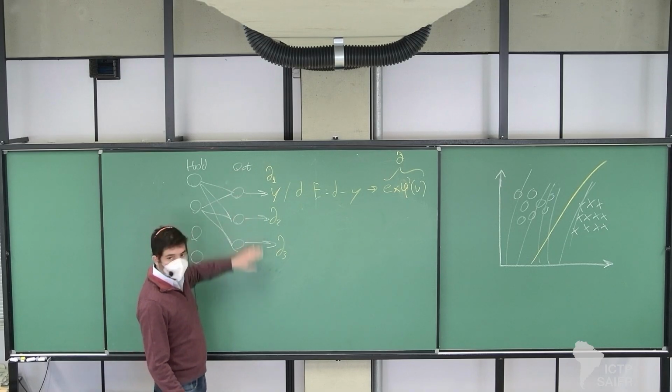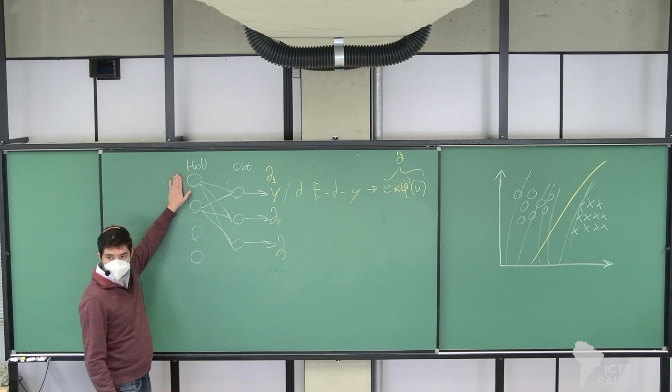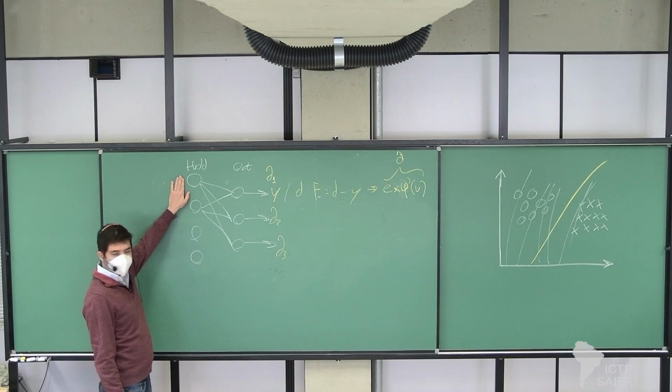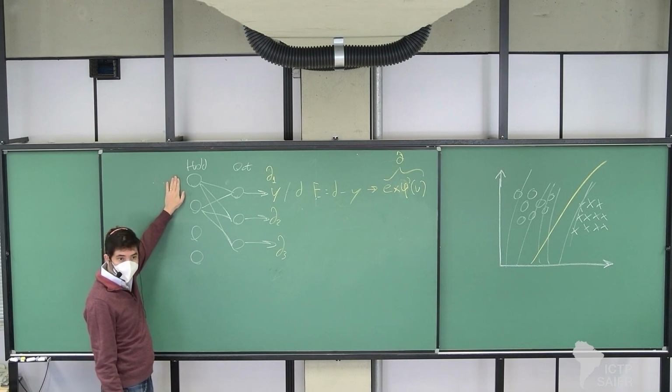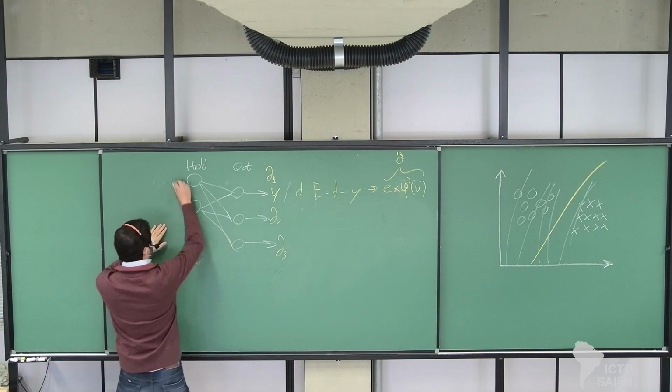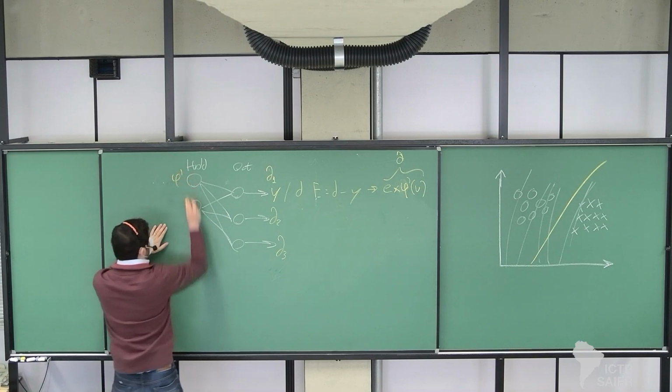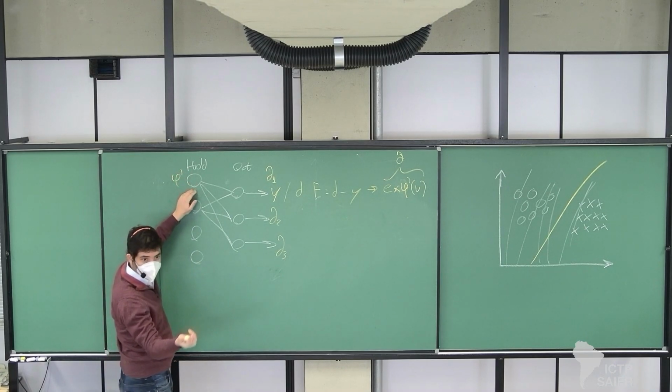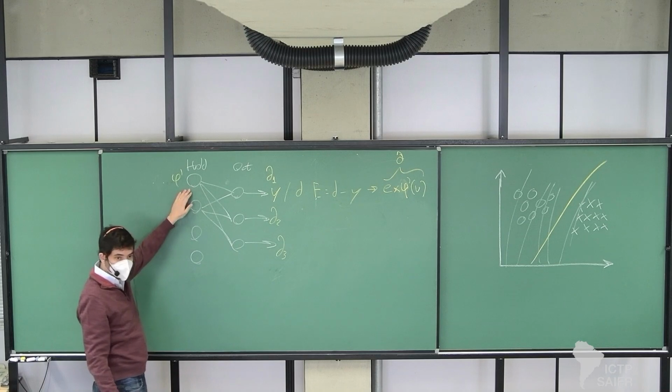That's for the output. But what about the hidden layer? We don't know how to calculate the error here. The only thing we know here is the derivative of the activation function, because we have the output of this neuron.